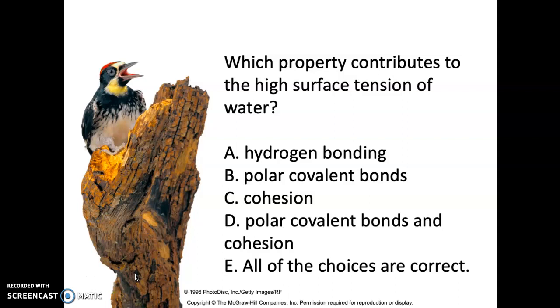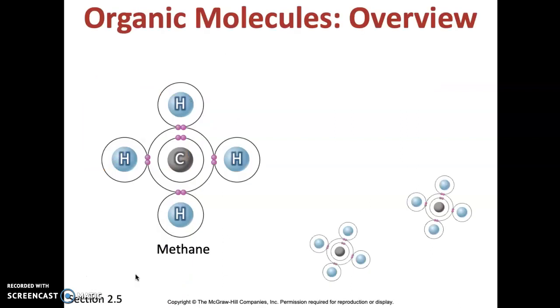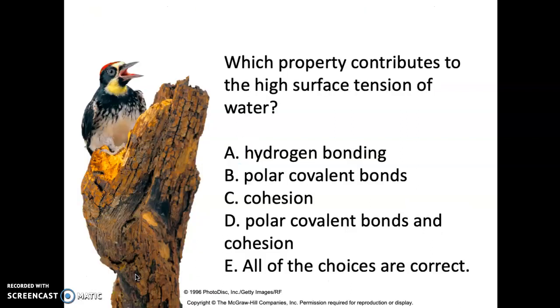Is it polar covalent bonds? Is it cohesion? Is it polar covalent bonds and cohesion? I'm not going to tell you. You're going to have to figure that out. And that's where we're going to stop.